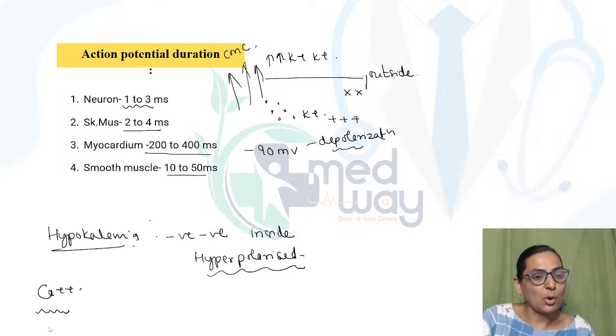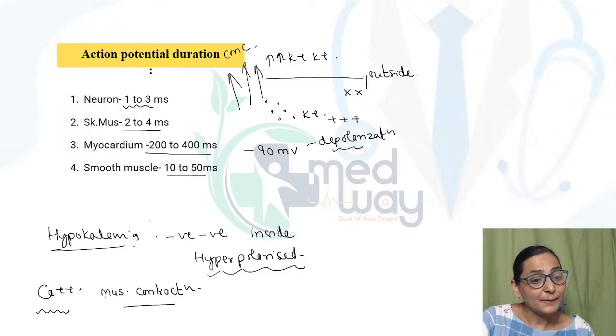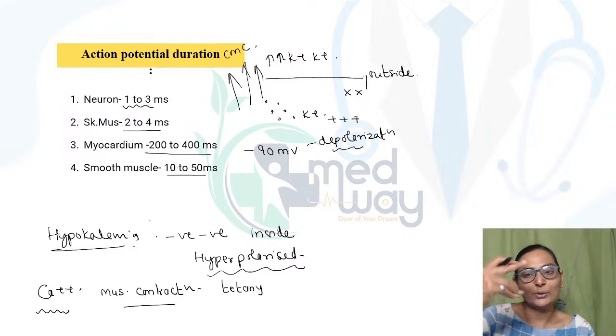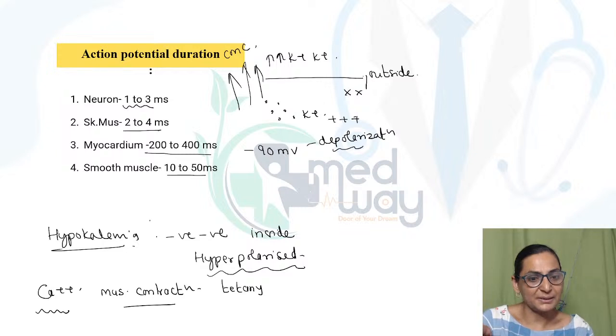What is the role of calcium? Now we know that calcium is needed for muscle contraction, right? But with hypocalcemia, like in hypoparathyroidism, there is hypocalcemic tetany, and you get carpopedal spasm, you get the chopstick sign. What is the reason?